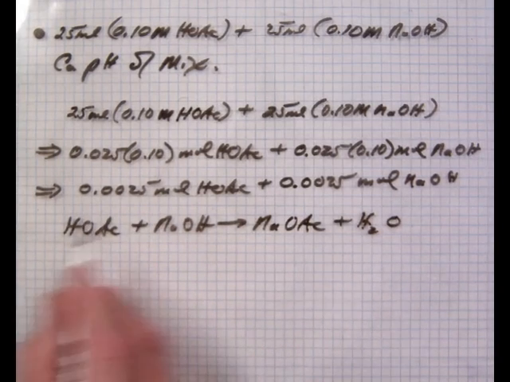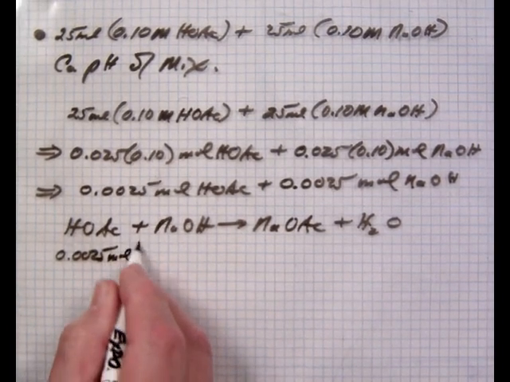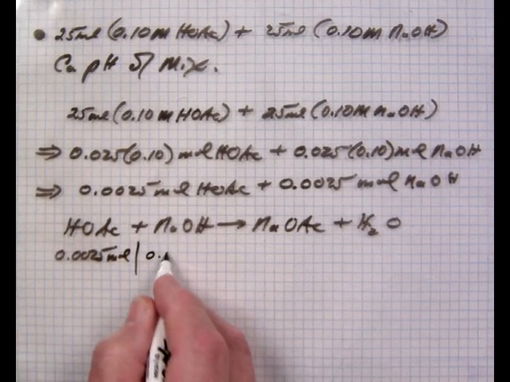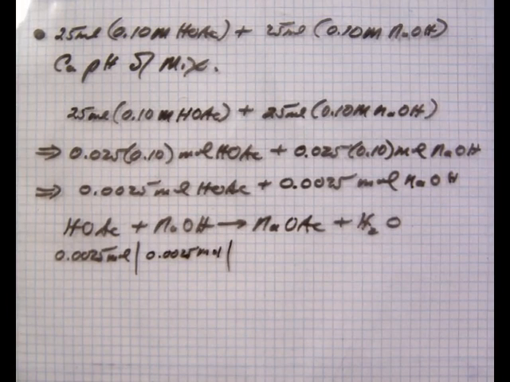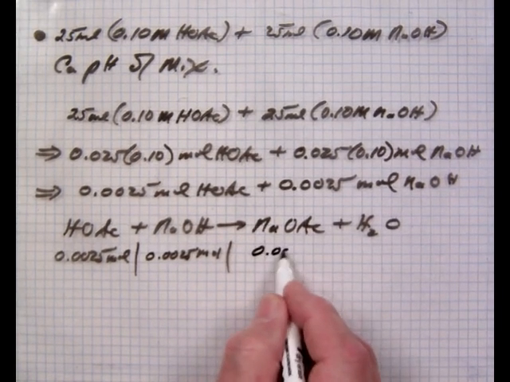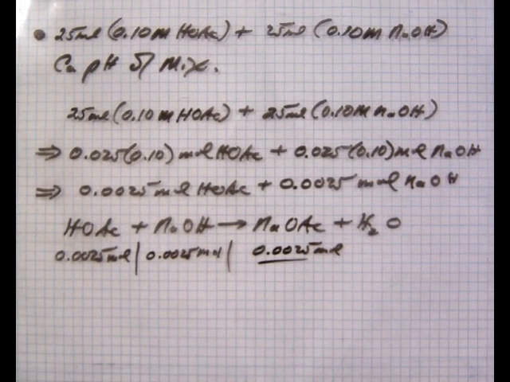So from this calculation, we got 0.0025 mole of the acid and 0.0025 mole of the base. And so if that's a 1-to-1 reaction ratio, then you're going to get 0.0025 mole of the sodium acetate.